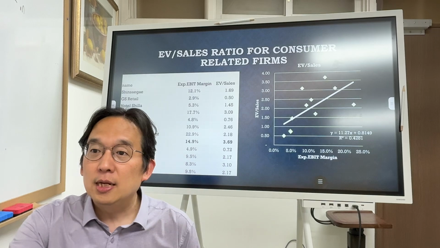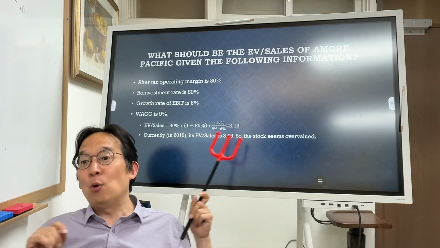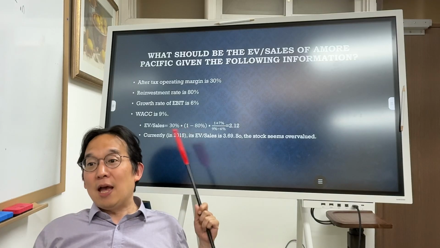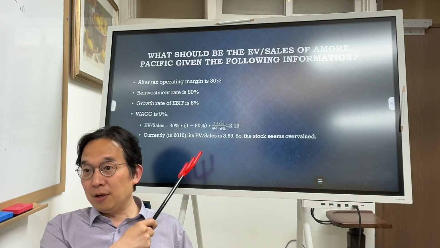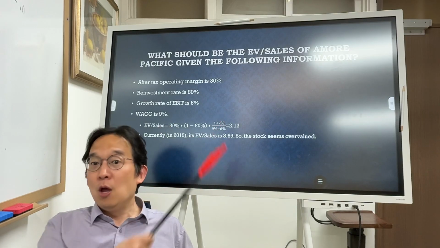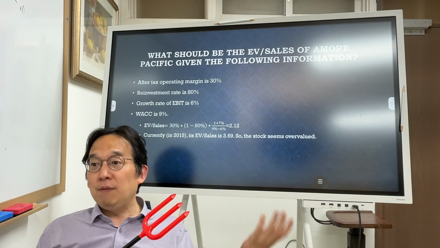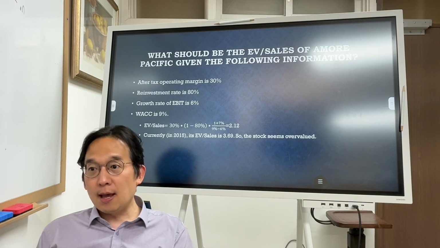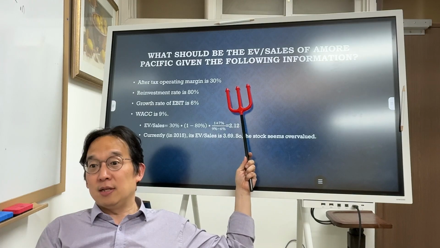The next is what should be the EV to sales ratio of Amore Pacific if we have the following information. Analytical fundamental variables. If we have this number, we can calculate the fair EV to sales ratio, okay? So after-tax operating margin, let's assume it to be 30%.